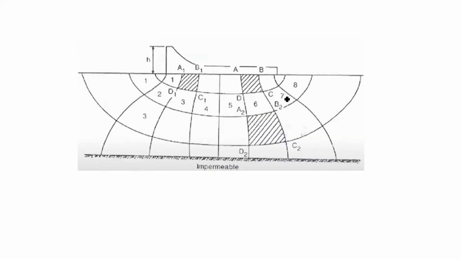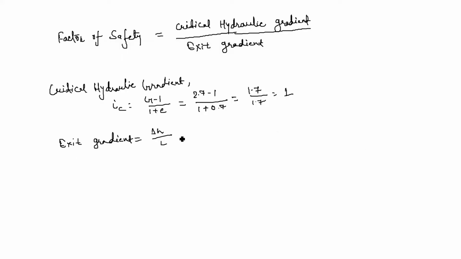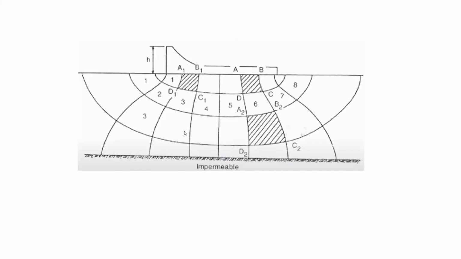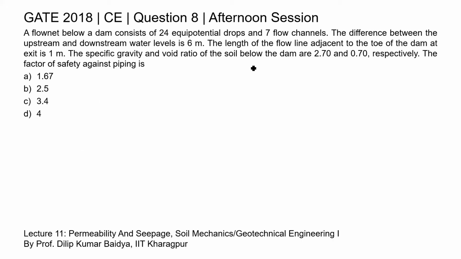So here the head available at the toe of the dam can be calculated as the total head available, or you can say the head difference between upstream and downstream, divided by the number of equipotential drops. So here you can see the head difference between upstream and downstream is given as 6 meter, and the number of equipotential drops is 24.